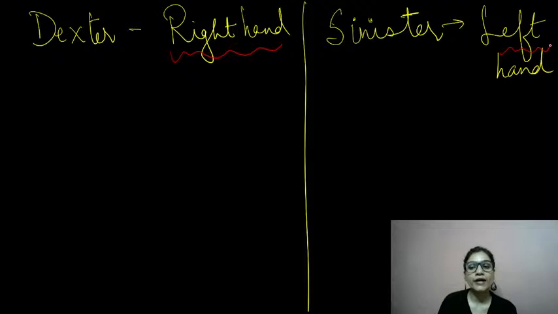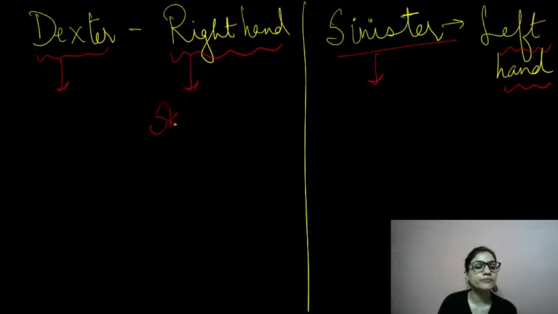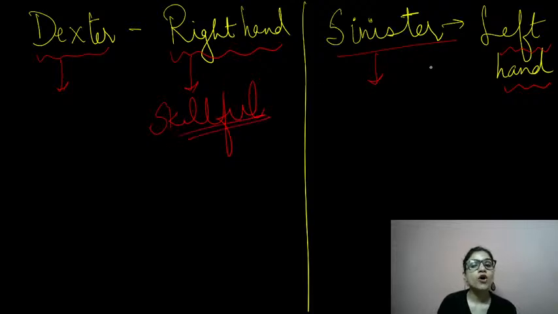This is for left hand, and the moment I say somebody is sinistrous, what will sinistrous mean? If dexter refers to something good, how do we consider the right hand? We consider it skillful, whatever work you do, you do with the right hand. And sinister is referred to as left hand. What does left hand mean? It's considered useless, of no use, it doesn't work at all.